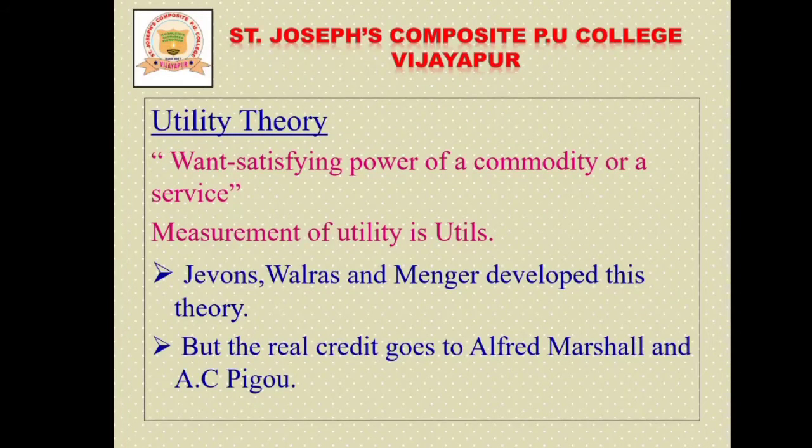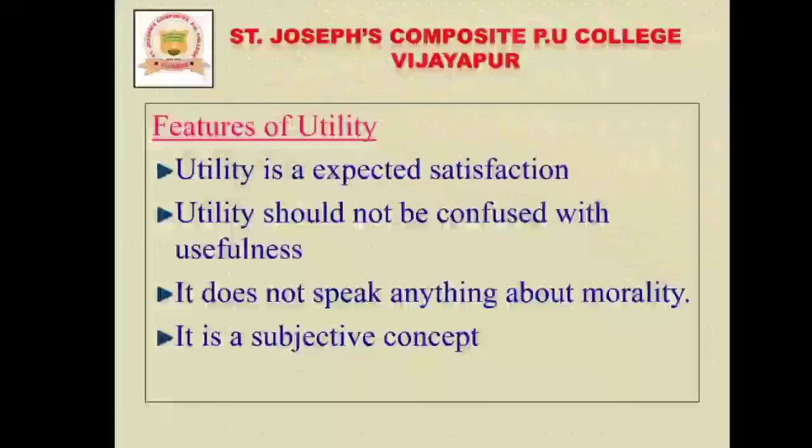Utility theory was developed by Jevons, Walras and Menger, but the real credit goes to Alfred Marshall and A.C. Pigou. Thus utility means the want satisfying power of a commodity or a service.